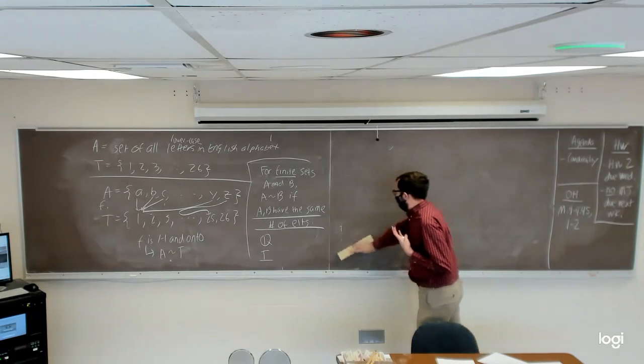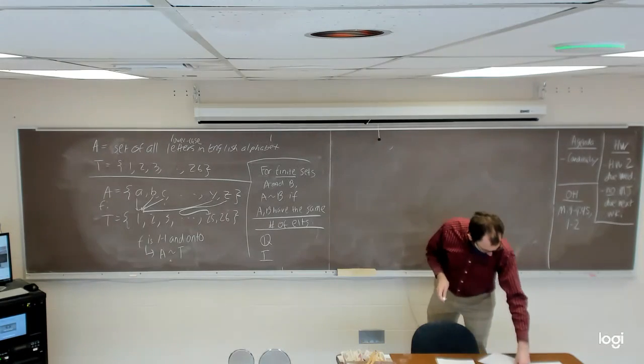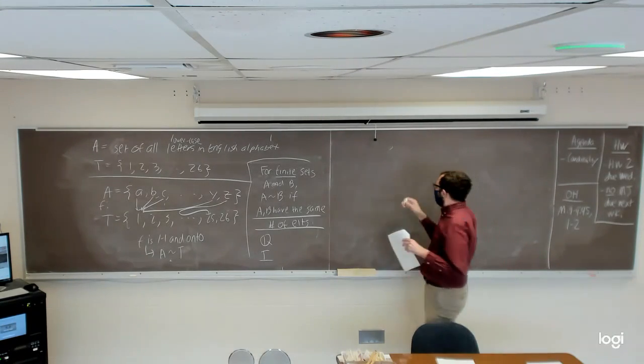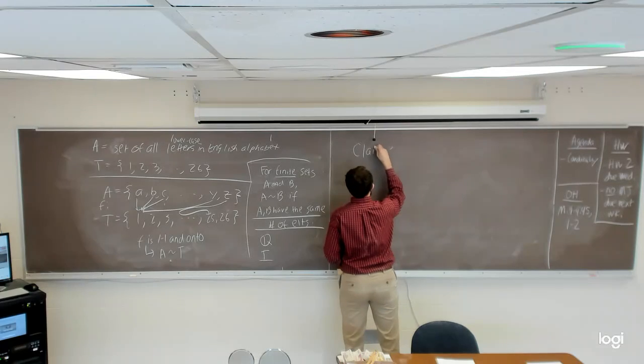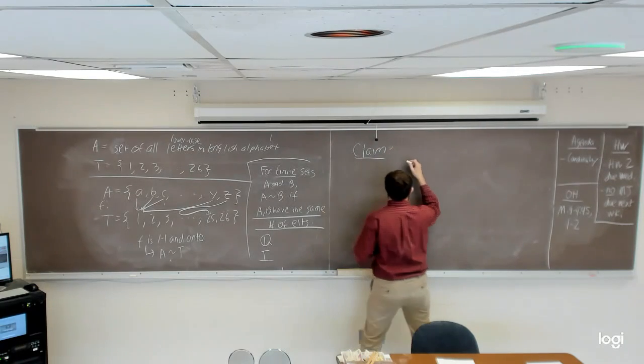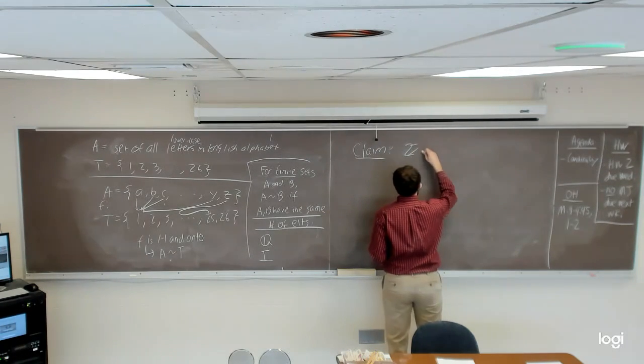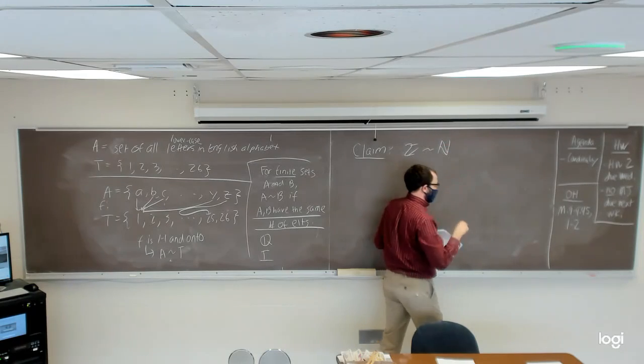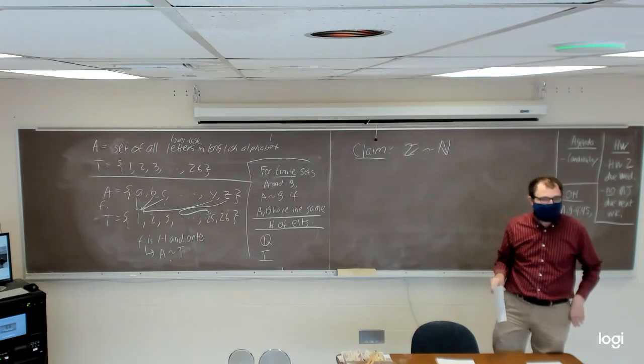So let's do an example. I claim that the integers and the natural numbers have the same cardinality.